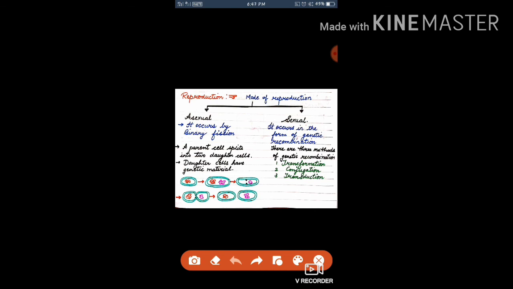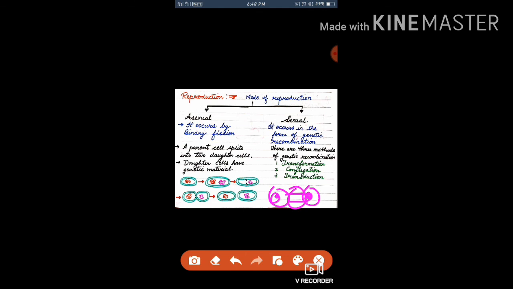And conjugation is also known as cell-to-cell union. Cell-to-cell union occurs between 2 bacterial cells. The genetic material of one bacterial cell goes to another bacterial cell through a conjugation tube, a tube-like structure.